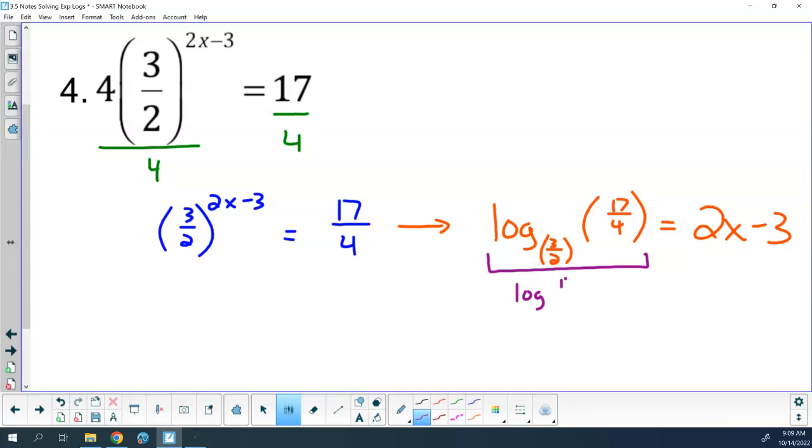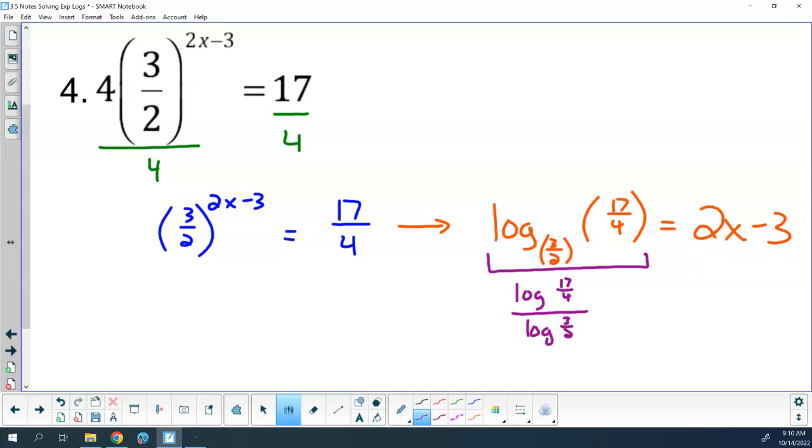We can go log of 17/4 divided by log of 3/2. If you're using one of these scientific TIs, make sure you're closing your parentheses after the 4 and after the 2. So it would be log of 17 divided by 4, close parentheses, divided by log of 3 divided by 2, close parentheses.